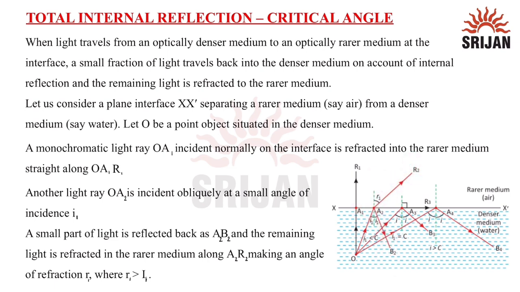From this we can easily say that R1 is greater than I1, because while going from a denser to a rarer medium, light tends to bend away from the normal. So this angle R1 would be bigger than this I1 angle.